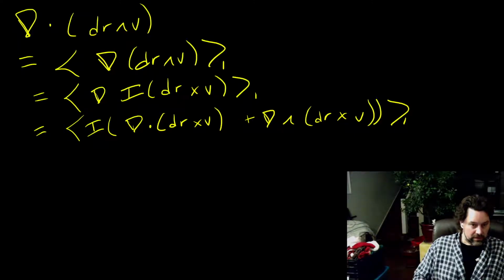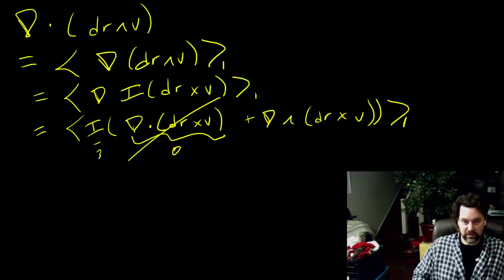Now, this is a scalar, grade 0. This is trivector, grade 3. The product of the two is a trivector. So since we are selecting the vector component of this multivector, this term is killed.